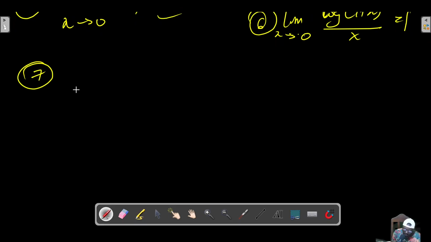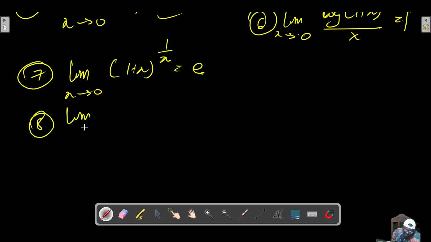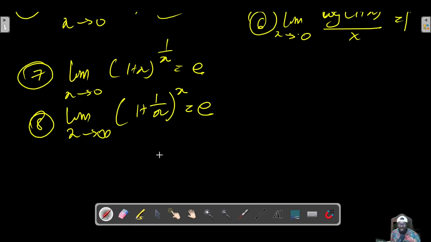Another one, the limit as x approaches 0 of 1 plus x raised to the power 1 over x is equal to exponential. Another one, the limit as x approaches infinity of 1 plus 1 over x raised to the power x is equal to exponential.